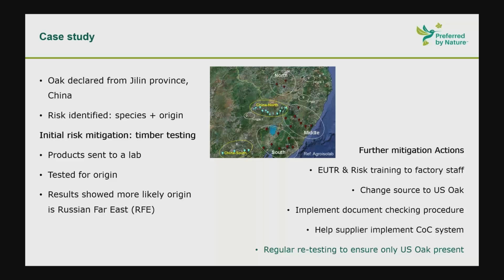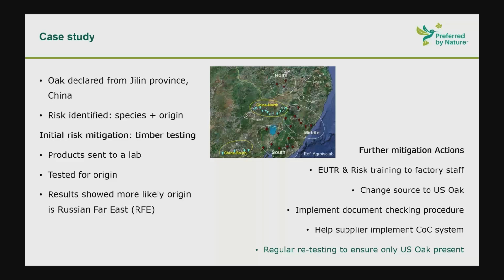So after this initial risk mitigation, what they did was really get into close collaboration with the factory in China. So they kept working with their factory in China, with their supplier, but they did implement training of the staff. They also implemented stronger chain of custody systems within this factory.